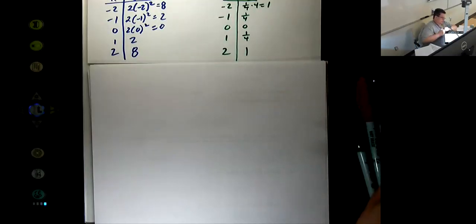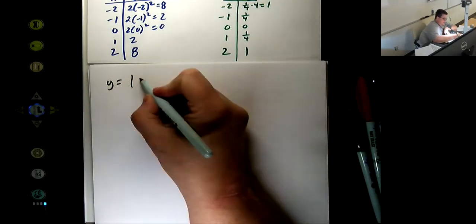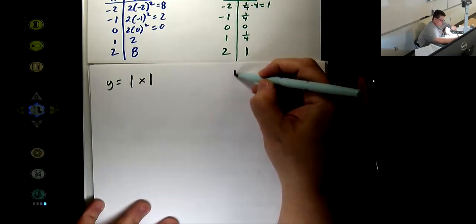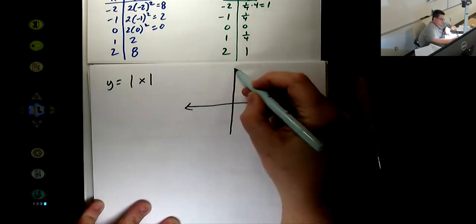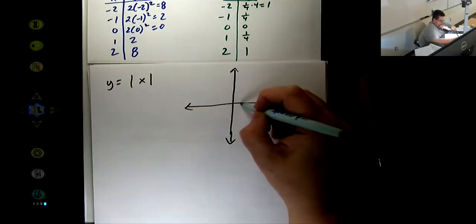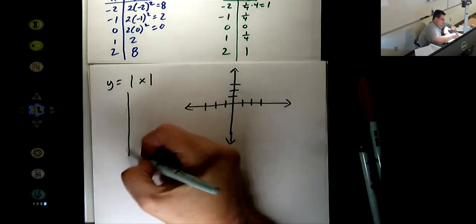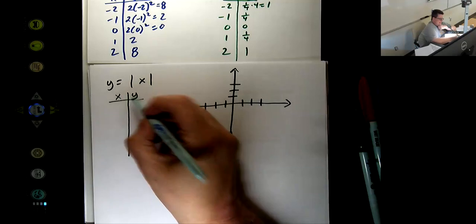We can take a look at other functions too. Let's take a look at absolute value of x. On this one, remember, it just finds the distance to the point.